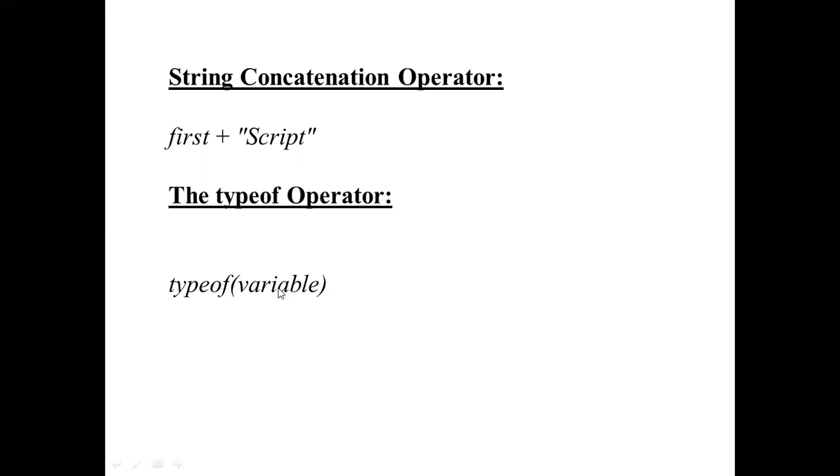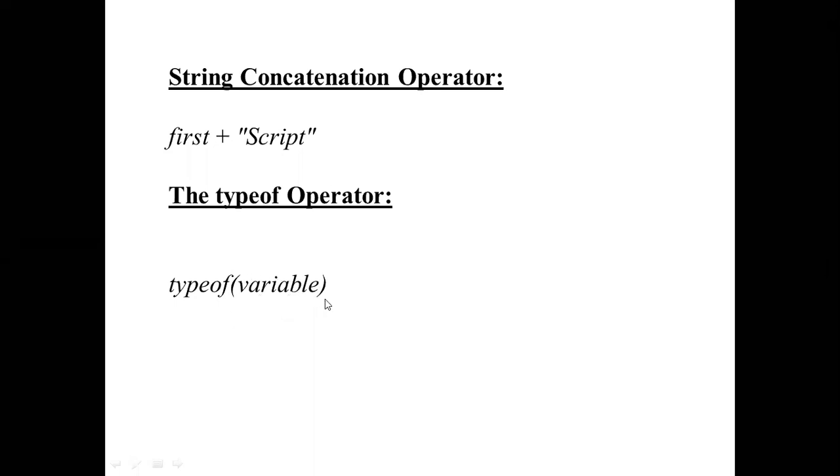Suppose it is a number, it returns number. If it is string data type, it returns string. If it is a Boolean value, it returns Boolean. Later we will discuss examples of all these operators.